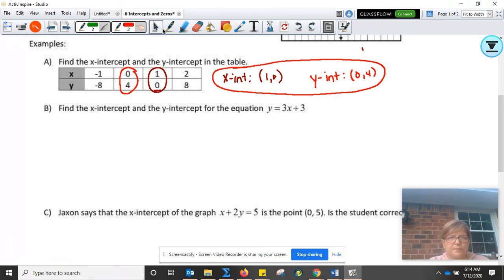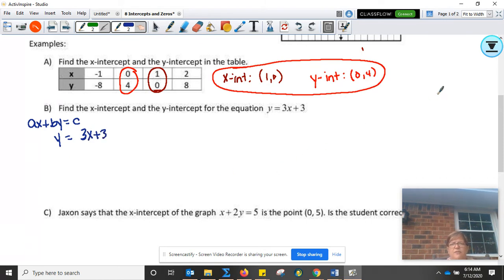Okay, so find the x-intercept and the y-intercept of the equation y equals 3x plus 3. Well, first of all, it would be easier to start with the equation in standard form. So we want ax plus by equals c. We have y equals 3x plus 3.